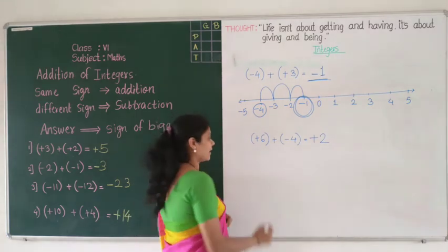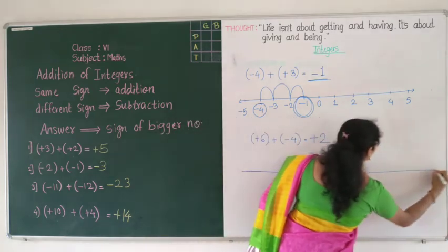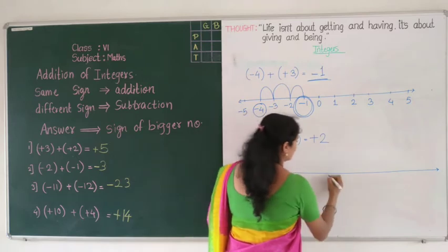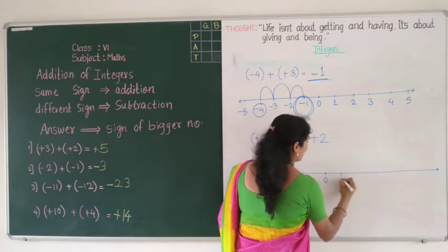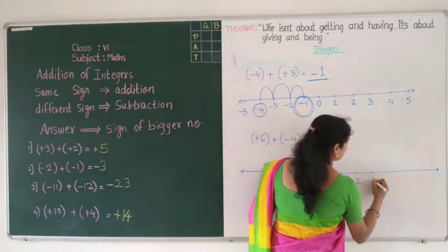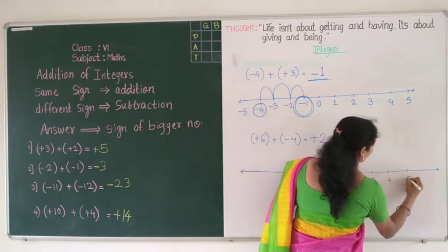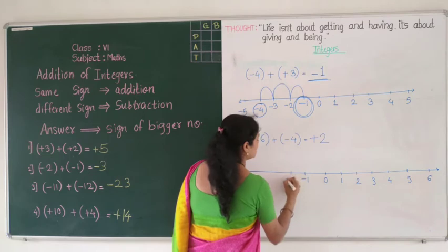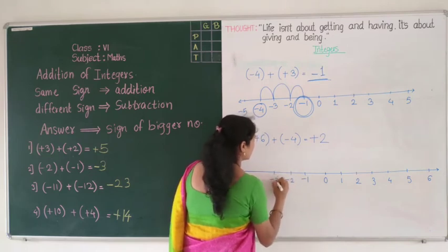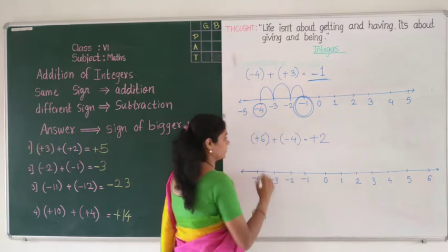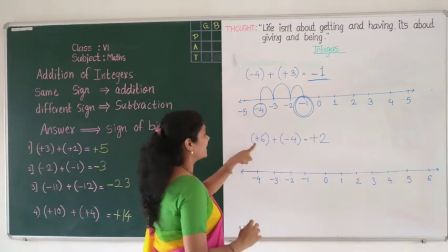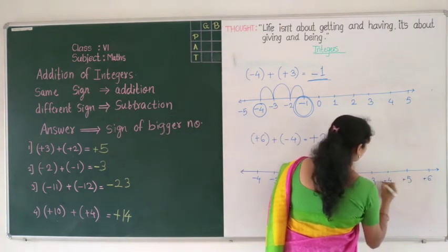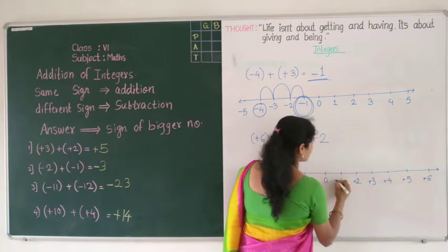Now look here. Another example we will solve. 0, 1, 2, 3, 4, 5, 6, and here negative 1, negative 2, negative 3, negative 4. Where is the positive 6? Here. It is not necessary to give the positive sign to a positive integer.